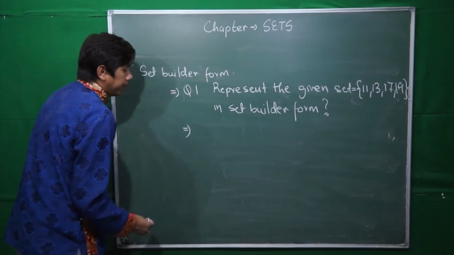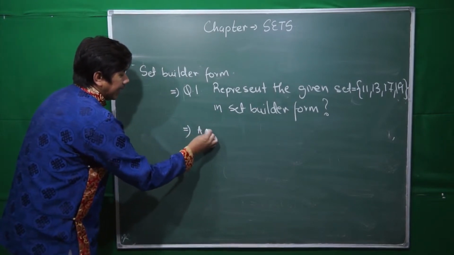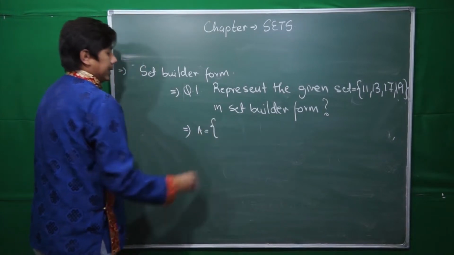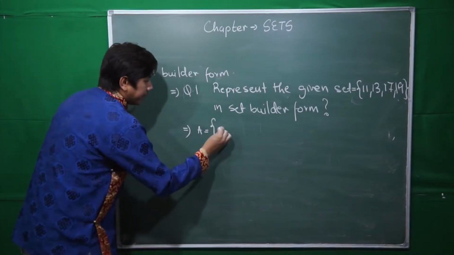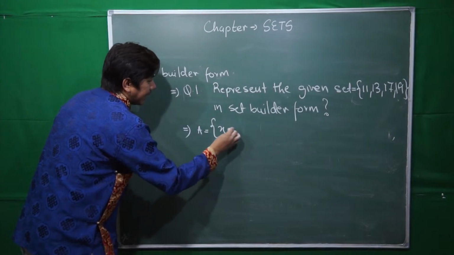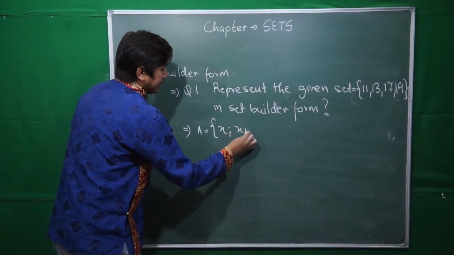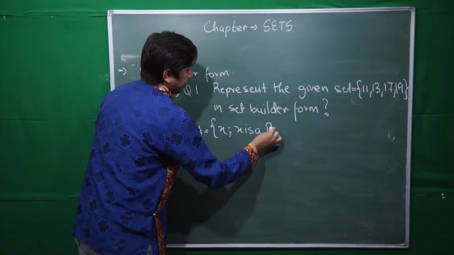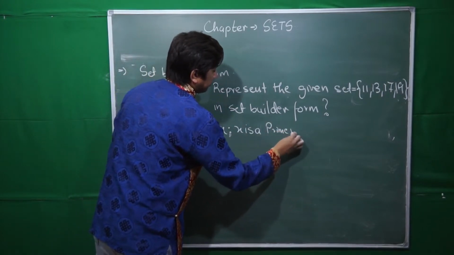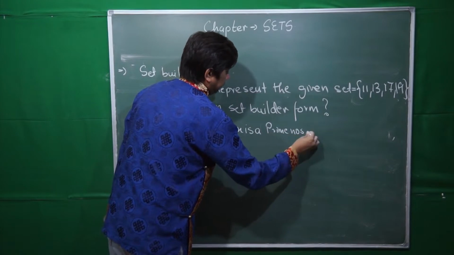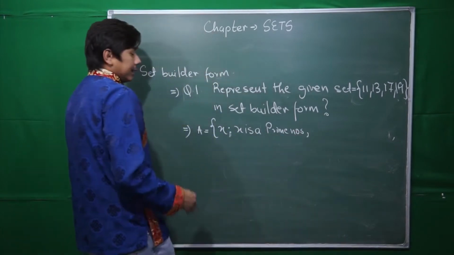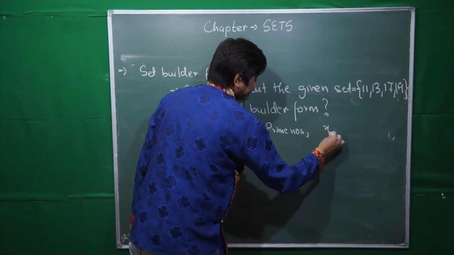So the answer should be set A is every element X such that X is a prime number, and what kind of prime number?